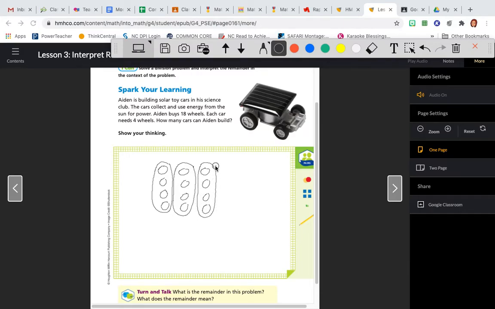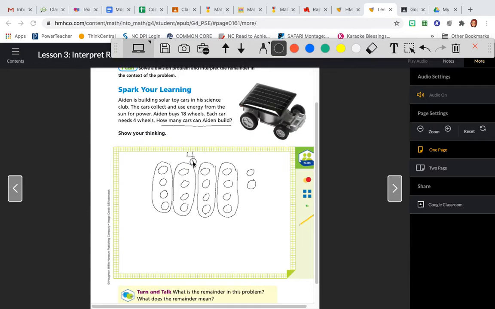Remember we have 18 wheels. 13, 14, 15, 16. There's his fourth car. 17, 18. Okay, so looking at our picture, let's answer our question first. How many cars can Aiden build? He can build 4 cars.